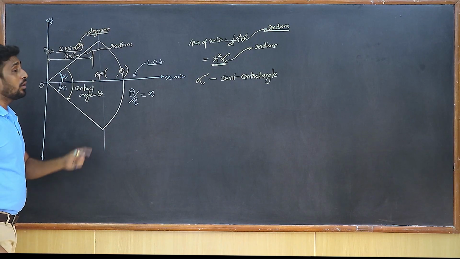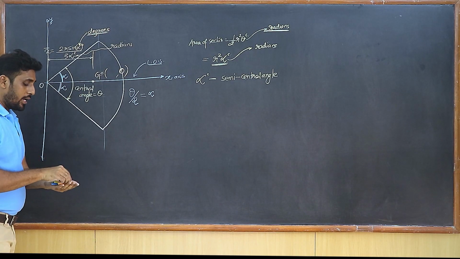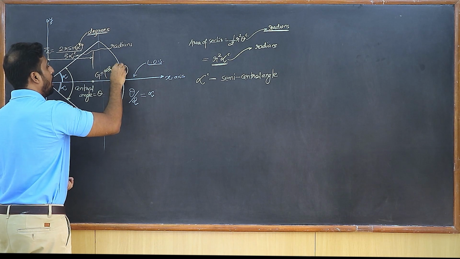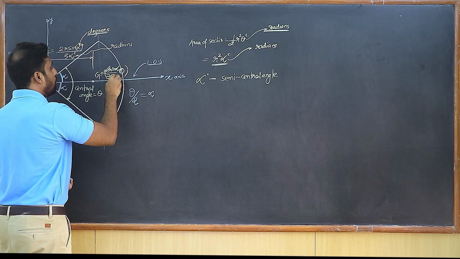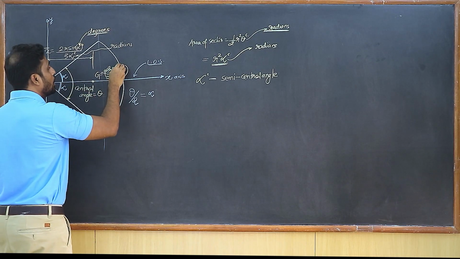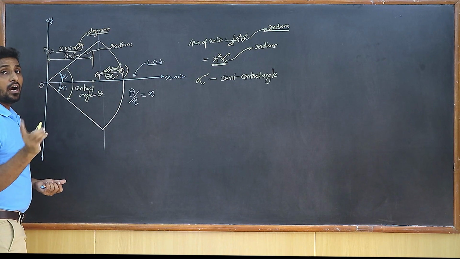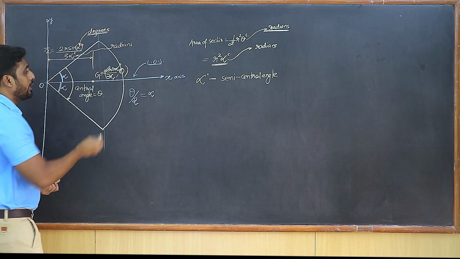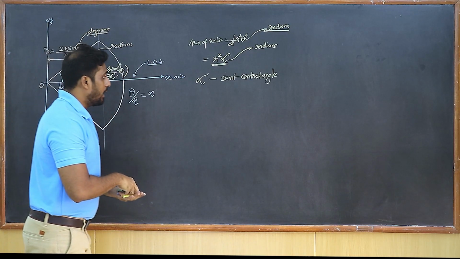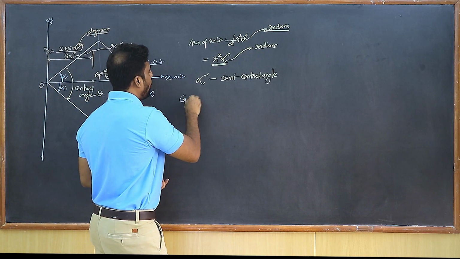Always remember this particular concept. The formula is simple. It is 2r sine alpha upon 3 alpha, but the alpha which is present in sine in the numerator should be taken in degrees, and the alpha that is present in the denominator should be taken in radians.